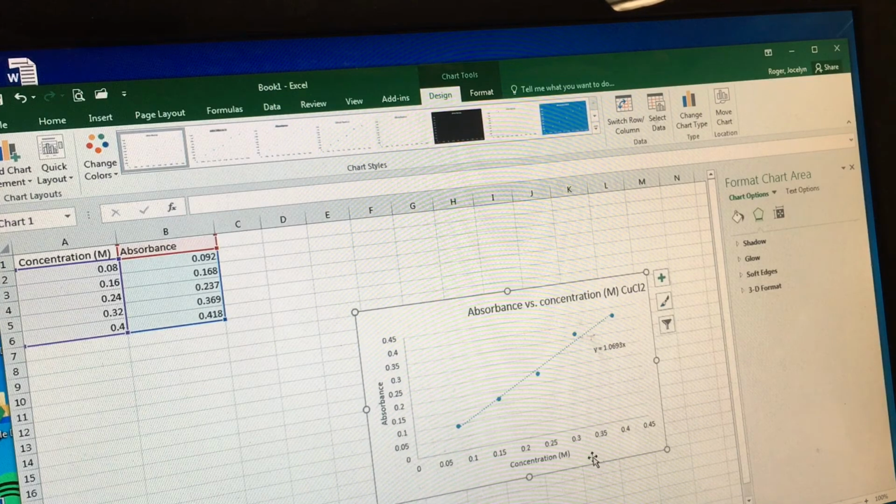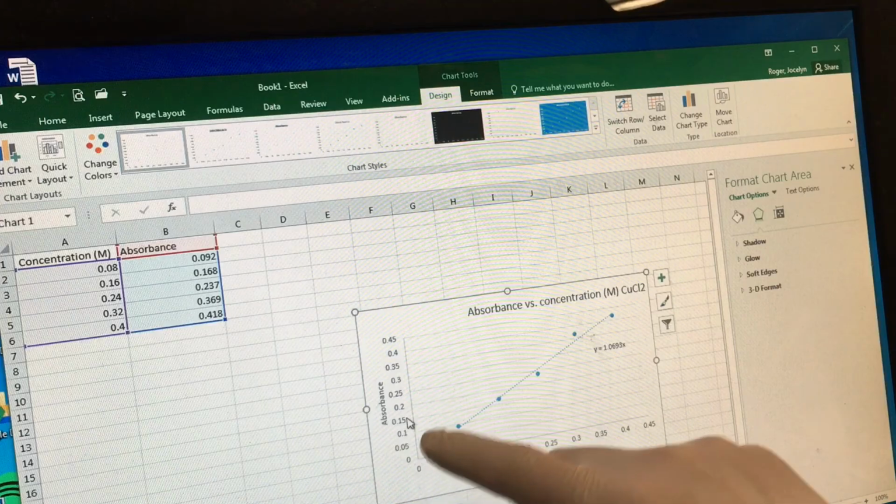Now using this graph, and this is what we're going to use to determine the concentration of the unknown. At this point, now that we have the graph, we're going to get the sample of the unknown and measure its absorbance. And so using our graph, we're going to use the slope equation, or we could use the graph as well, and say, for example, that the absorbance of the unknown is 0.2.